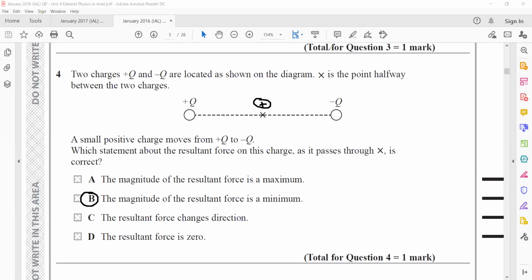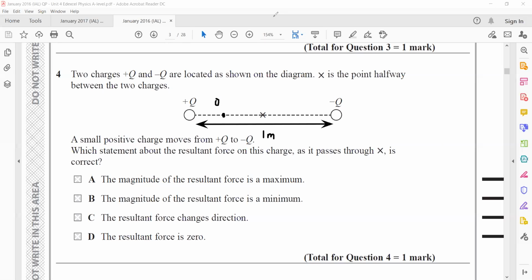To understand this question, you can simply take a distance of, say, 1 meter, and place a positive charge at 0.25, meaning at this point.